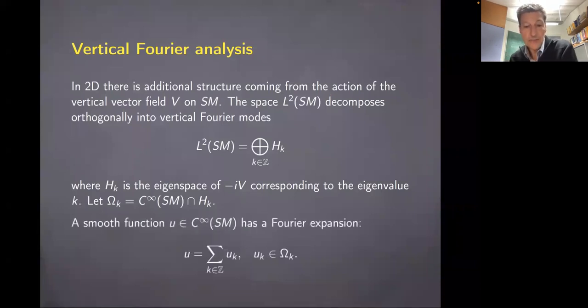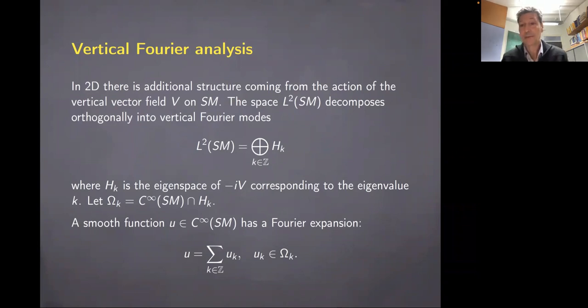A smooth function in C-infinity of SM will have a Fourier expansion in Fourier modes where each one of these uK is now a function in Omega K. The nice thing about dimension 2, and you can do this in any dimension just by looking at the vertical Laplacian, is that in the Fourier expansion you go both ways.